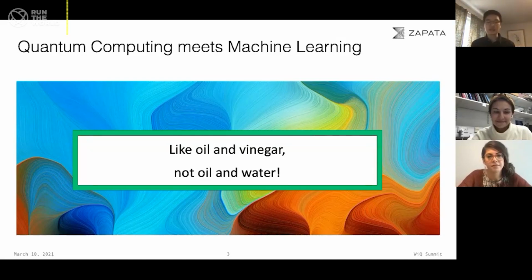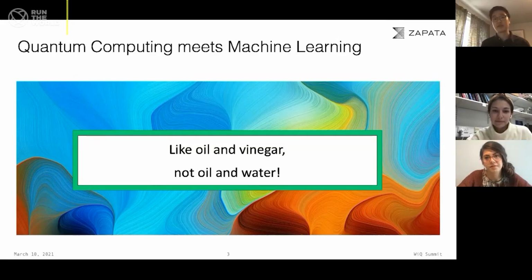In a similar way, we at Zapata Computing view quantum and machine learning like oil and vinegar, where yes, they are separate fields by themselves, but there are times and specific ways in which the two fields can come together to potentially enhance some solutions to interesting problems. We note that QML is a relatively new field with a lot of new questions and myths that come on its own. So today I thought we could spend some time approaching some of these myths and hopefully debunk some of them.